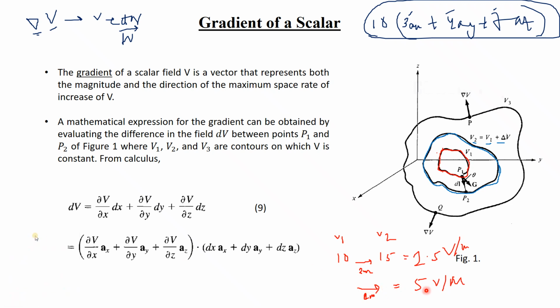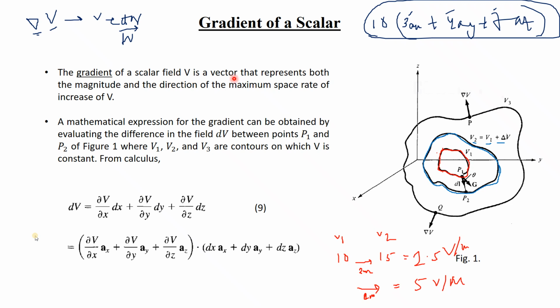So the 1 meter path gives a higher rate of increase of potential. That is called the space rate of increase of potential. We have to find the path through which we can get the maximum space rate of potential.